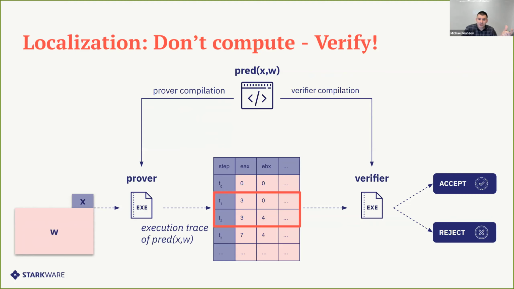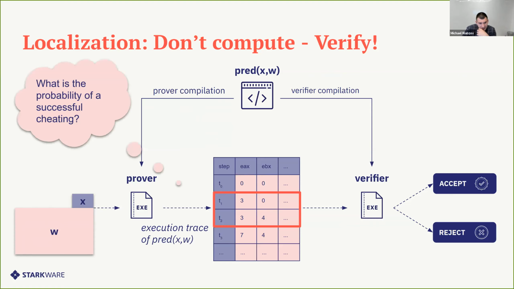So we could think about the verifier doing exactly this validation. And now the question I would like to ask, and here I would like somebody to answer me, is what's the issue here? What would be the probability of a prover to cheat if a prover wants to?